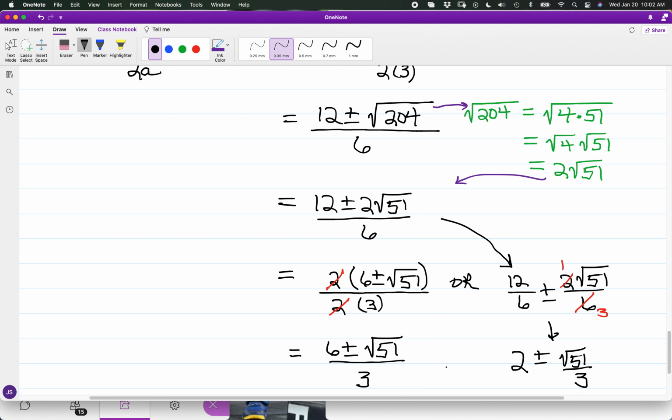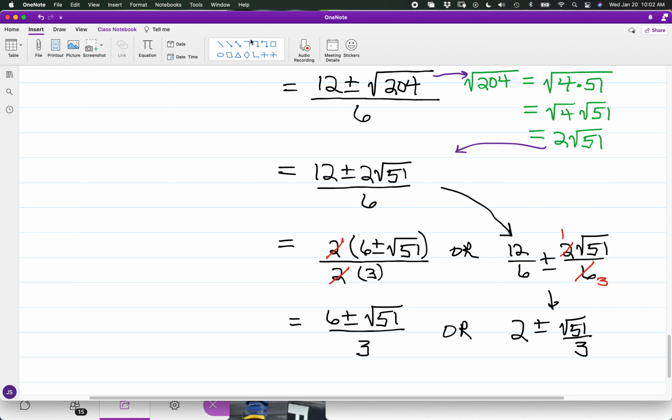Okay, and if you notice, for the first version you have the compact answer, where we have everything put together as a single ratio, 6 plus or minus the square root of 51 over 3. But if I detach the 6/3 part from the rest, we have 2 by itself, and then plus or minus, again, the square root of 51 all over 3. So those are 2 ways that you can express the simplified result.